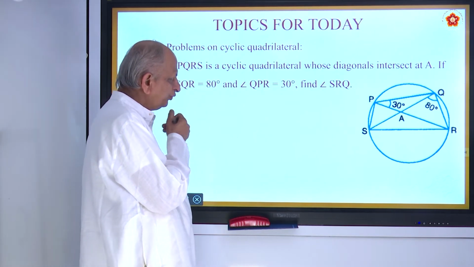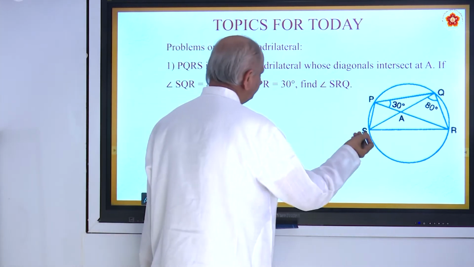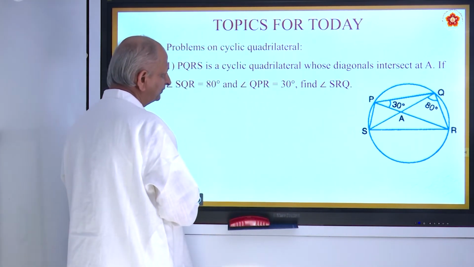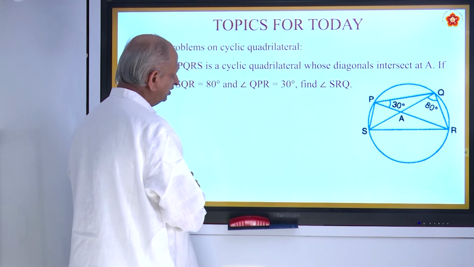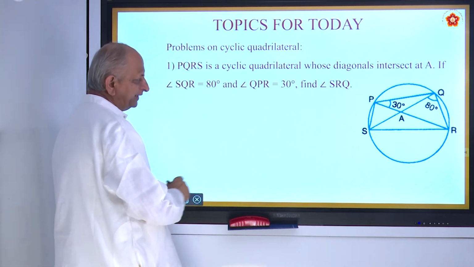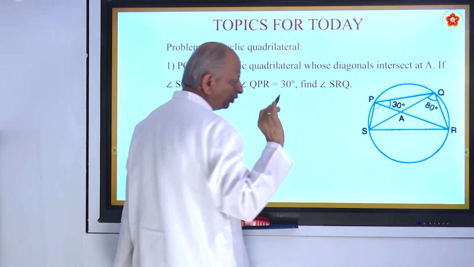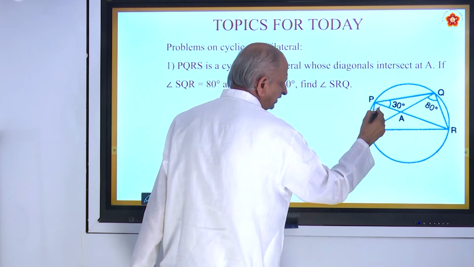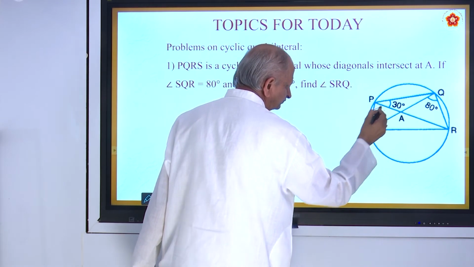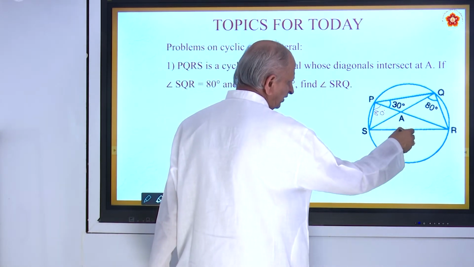So, how to find out? See, first you must note. So, we will go step by step. What is SR? SR is a chord. And it makes angles here. So, if this is 80, first you do orally. If this is 80, this also becomes 80, because both of them lie on this chord.